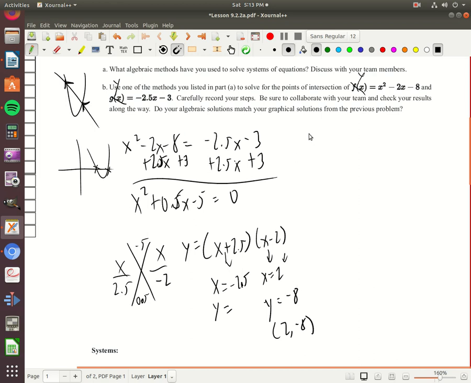So I have g of x, or actually I should just call it y, right? So y equals negative 2.5x minus 3. I'm going to plug in negative 2.5. A negative times a negative is positive. 2.5 times 2.5 is 6.25.